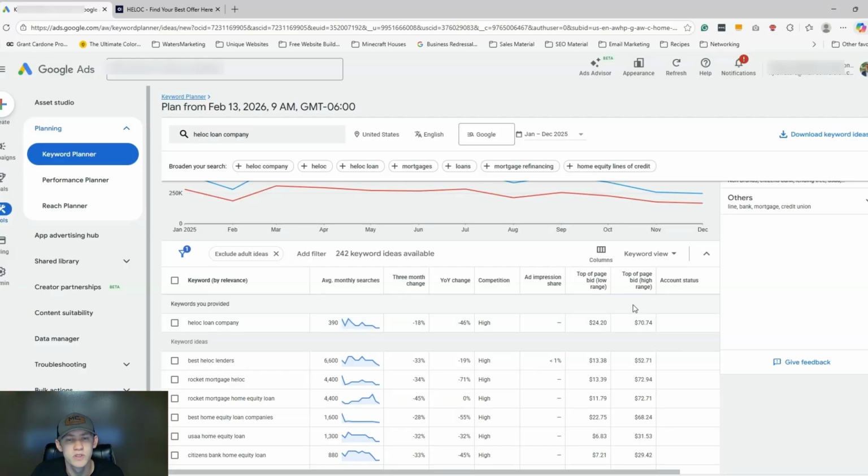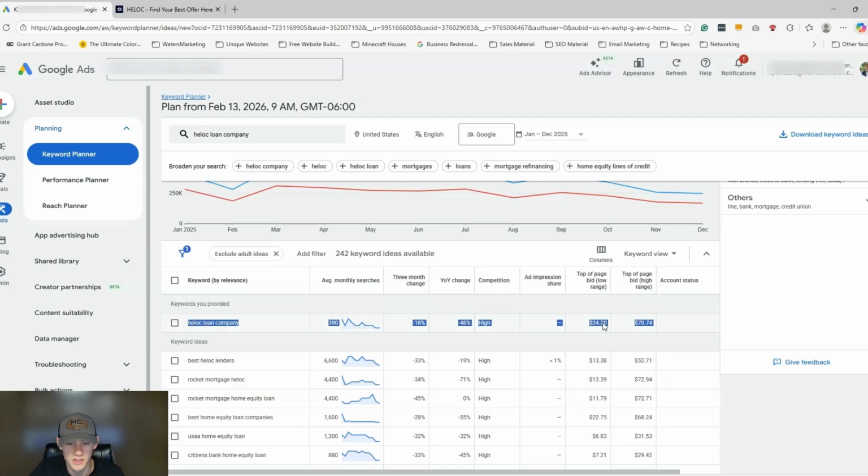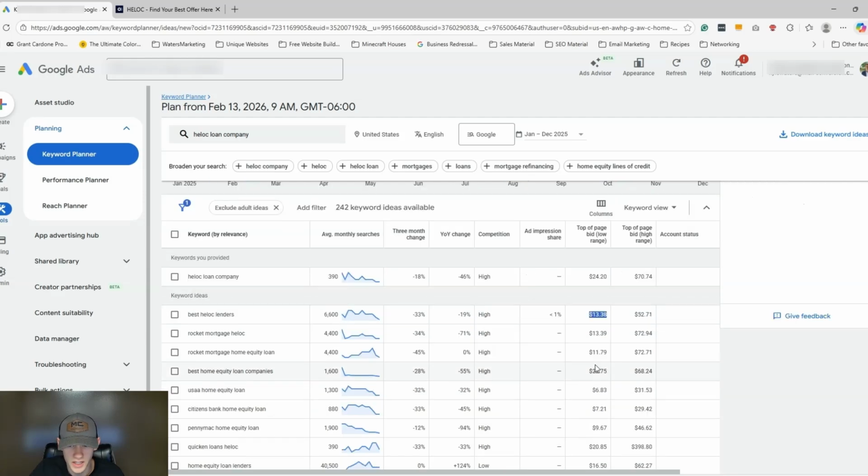So even with just the bare minimum low top of page bid at $24.20, even this at $13 or $15, we would have to get nearly a 50% conversion rate and then about a 33% conversion rate on this one to even make that make sense.